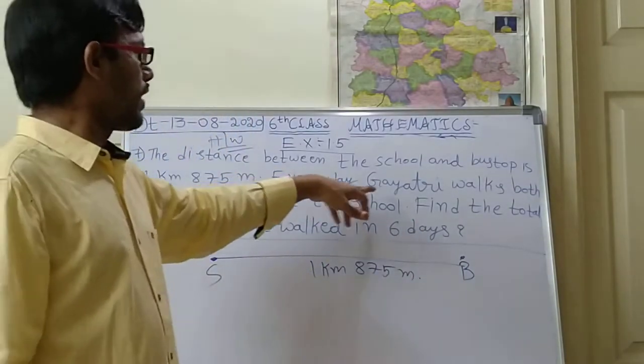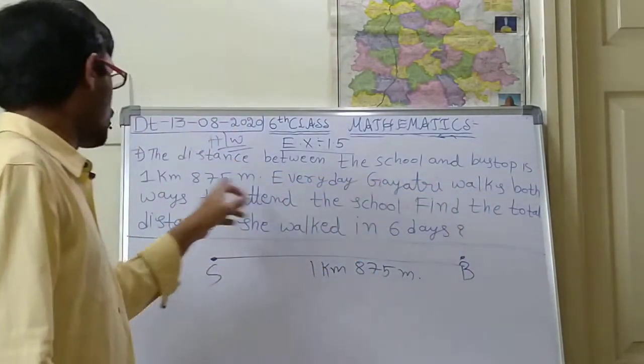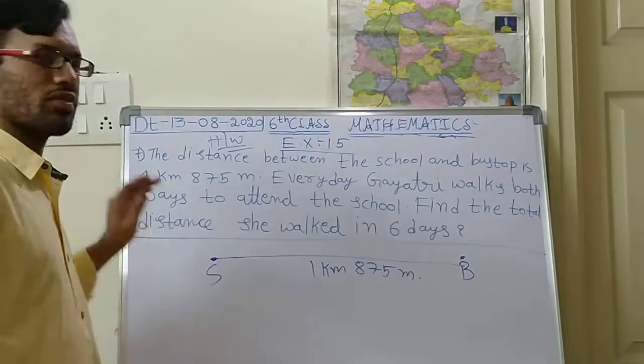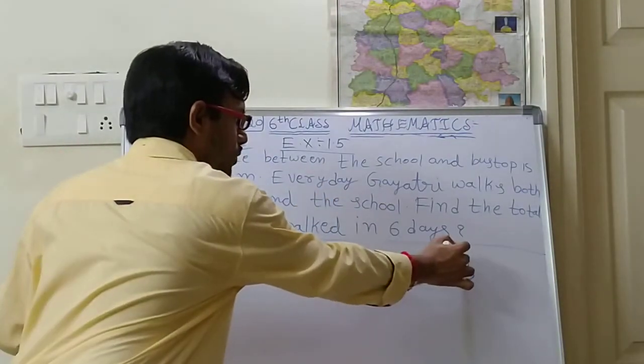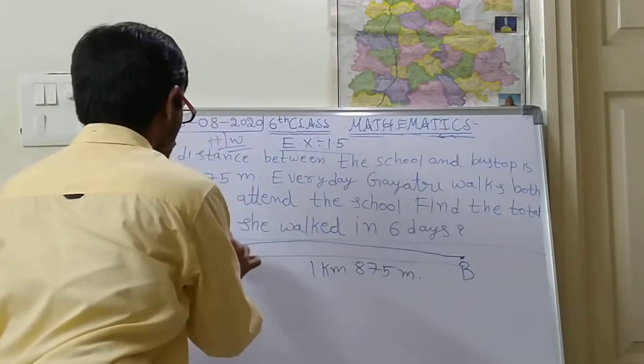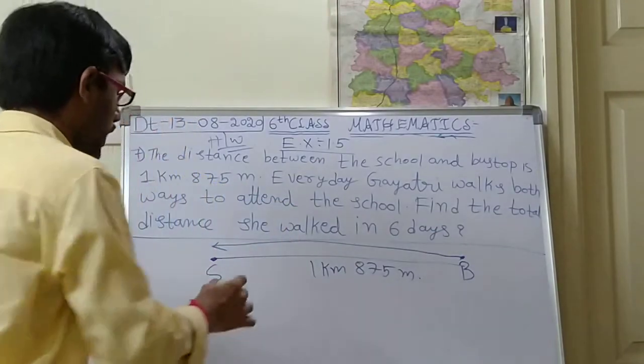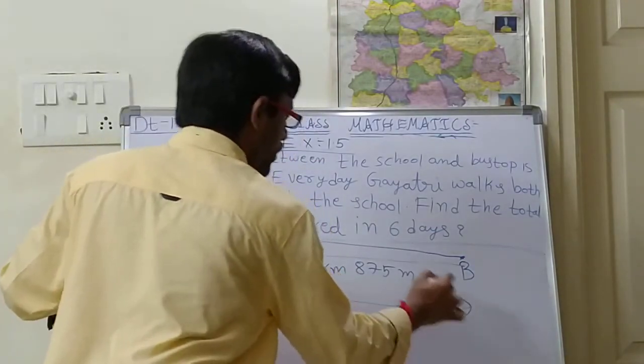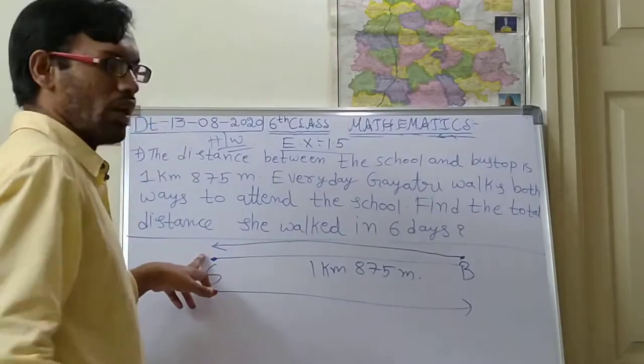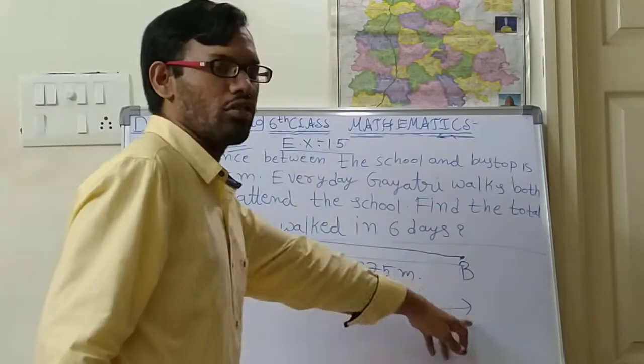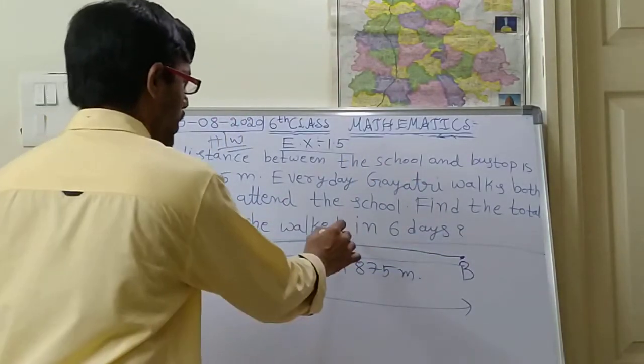Every day Gayatri walks both ways. First from bus stop to school, again from school to bus stop. In the morning from bus stop to school, again in the evening from school to bus stop. She used to walk. Okay.